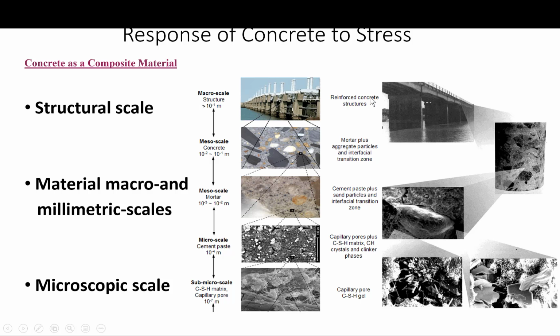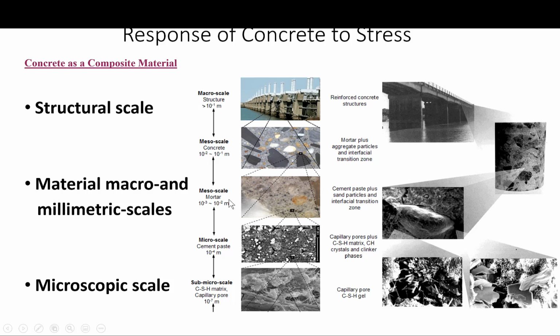That's the element as a whole, on a scale larger than 10 to the minus 1 meter, 0.1 meter. We have a finer scale, which is the mesoscale of concrete, 10 to the minus 2 to 10 to the minus 1 meter, which is mortar plus aggregate particles and interfacial transition zone. That's what you can see on a sliced polished section.